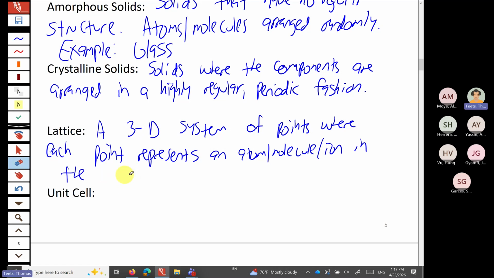Okay, and so the lattice is this infinitely repeating pattern of points that goes in all directions to make up that crystalline solid.